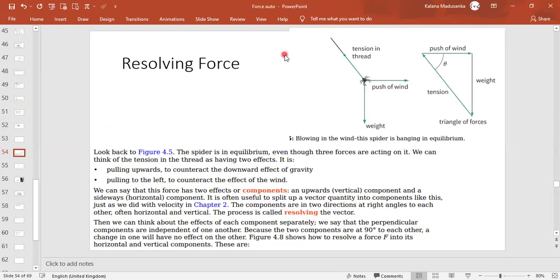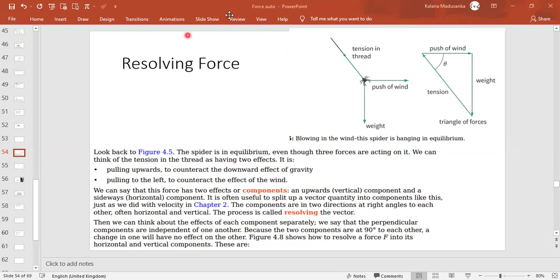Right. Let's make our next part of the lesson. Since we already learned about the forces, the different types, and since force is a vector, we can resolve the forces.